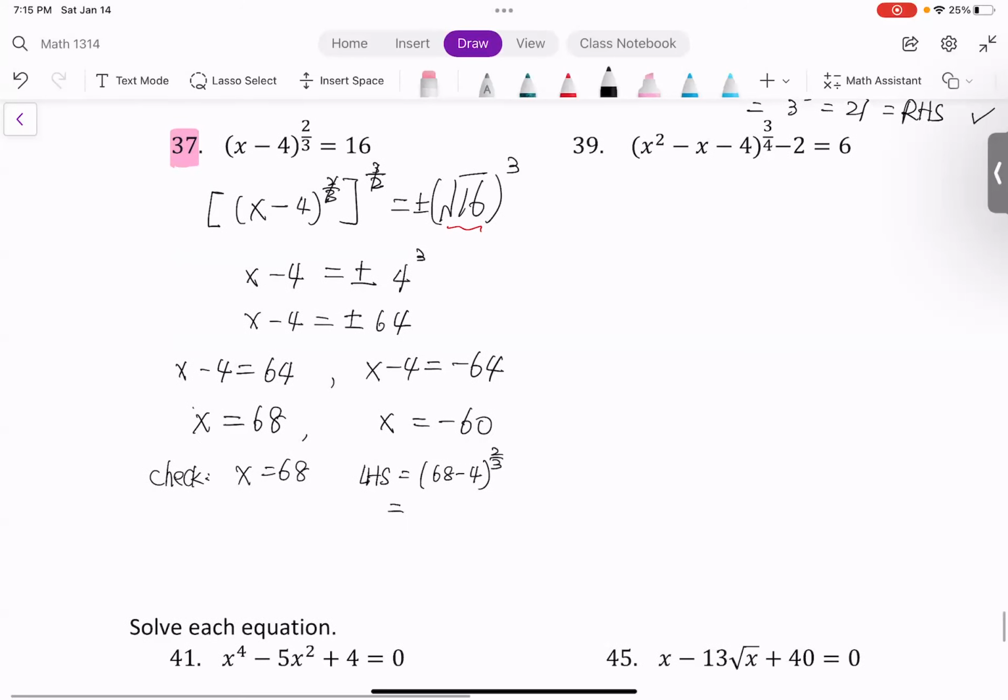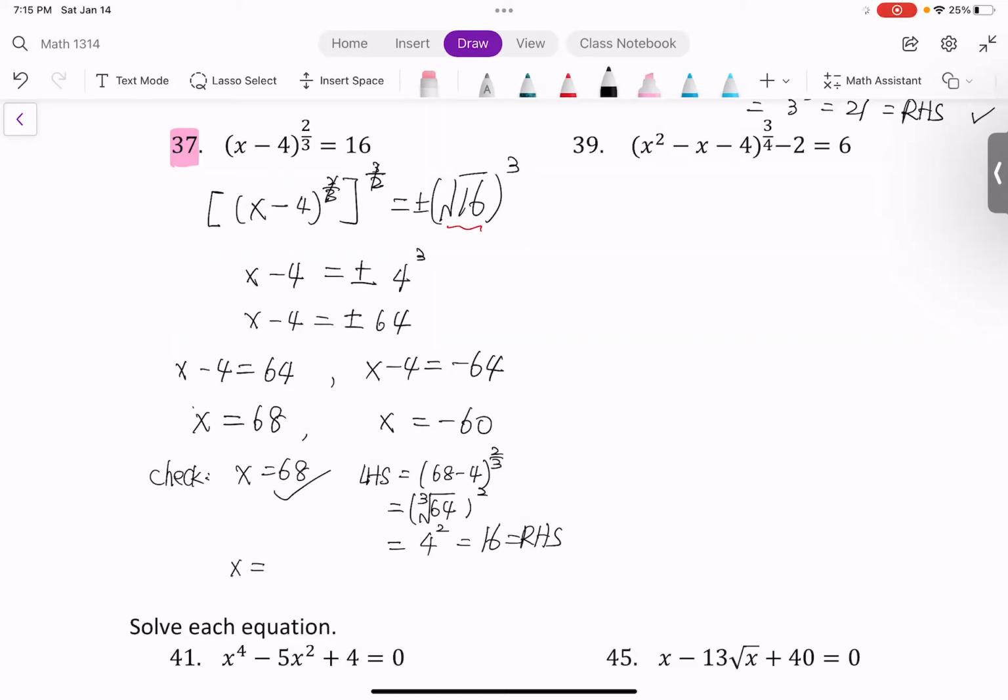Let's see if it's right, equals 16. So inside we have 64. Then the power means cube root this and then square it. So cube root of 64, that's 4. 4 squared, that's 16. That is the right-hand side. This is a solution for us.